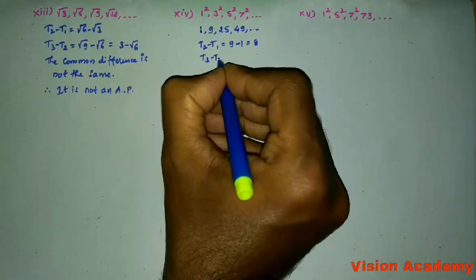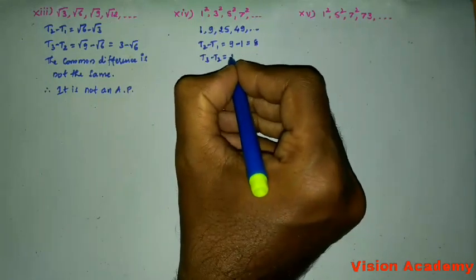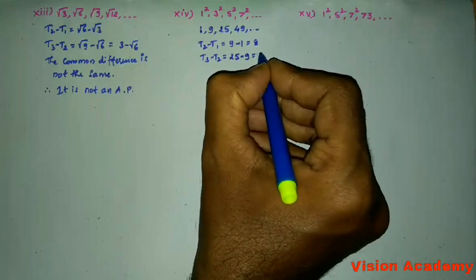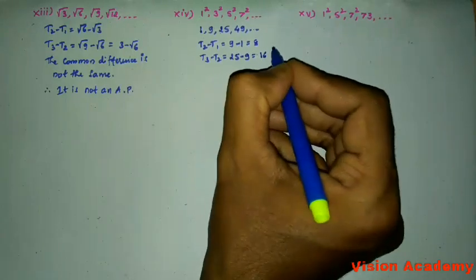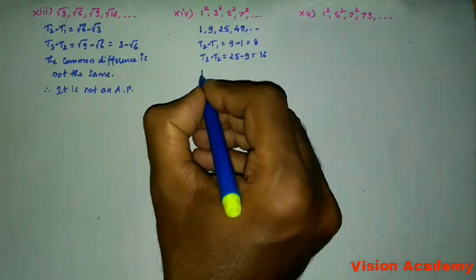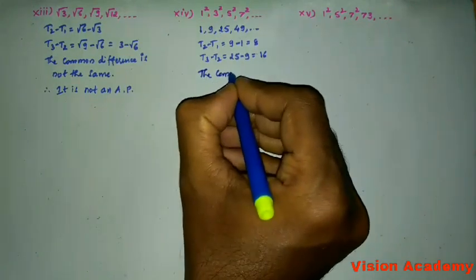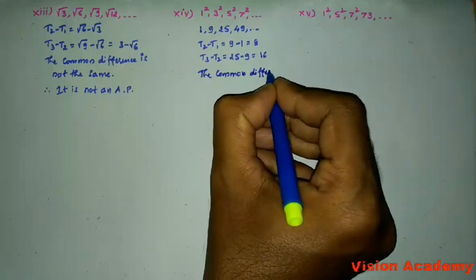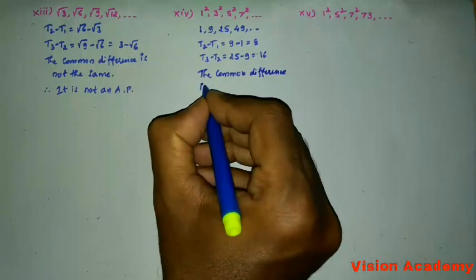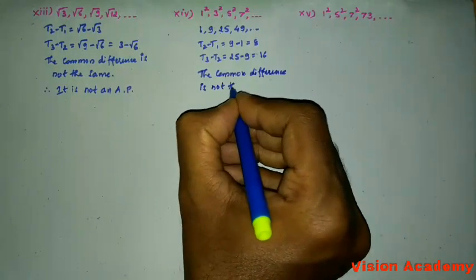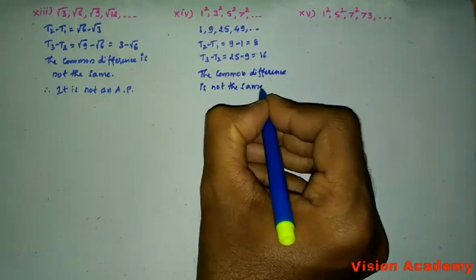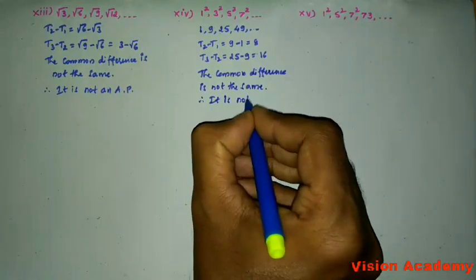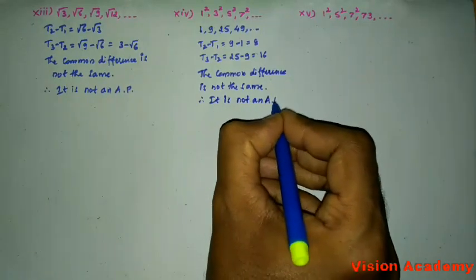T3 minus T2 is equal to 25 minus 9, which gives us 16. Here the common difference is not the same. Therefore, it is not an AP.